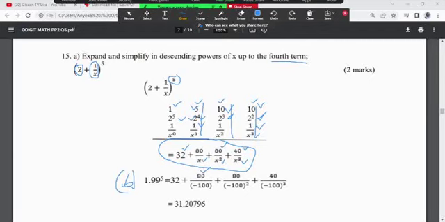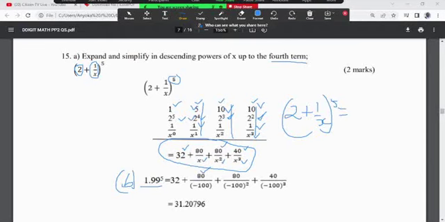Use your expansion to evaluate 1.99 to the power of 5. So we equate. What can we do to make this 1.99? So we are supposed to have 2 plus 1 over x raised to 5.